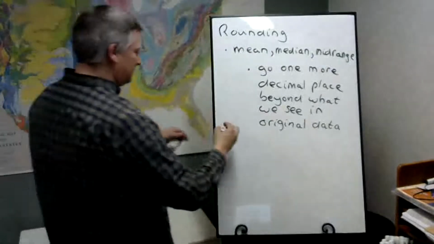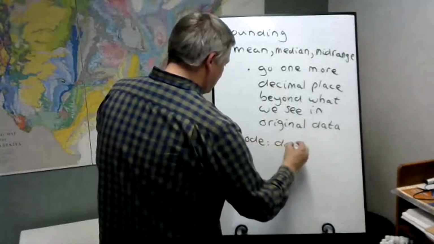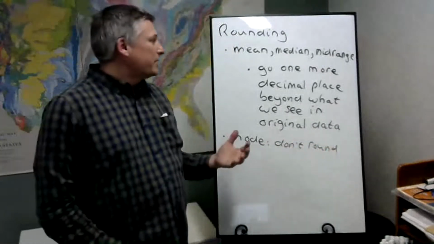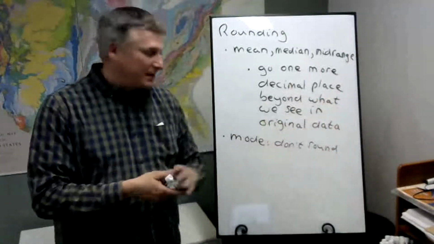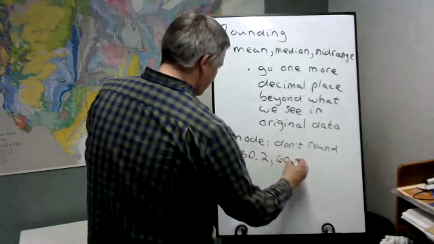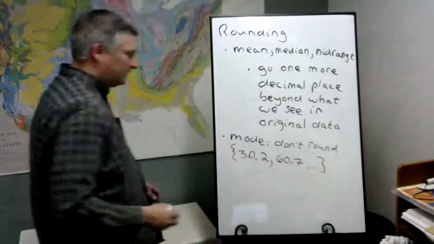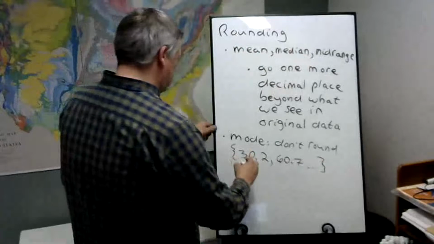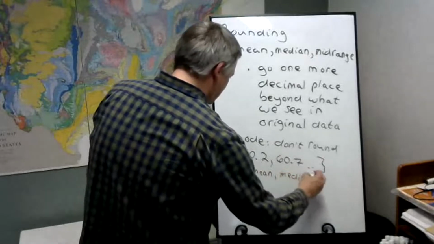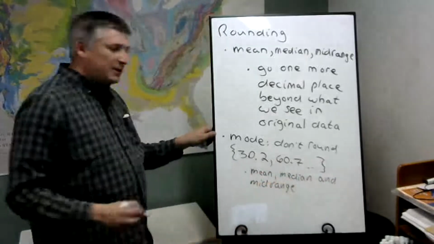For mode, we don't round. So if we've got data that's to the 10th place, then for mean, median, and mid-range, we'll round to the hundredths.